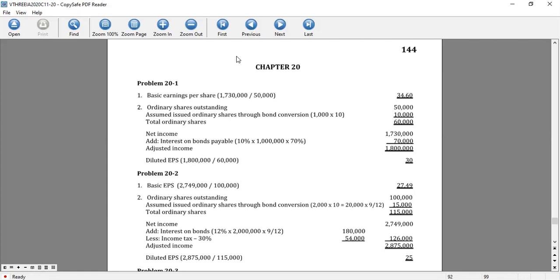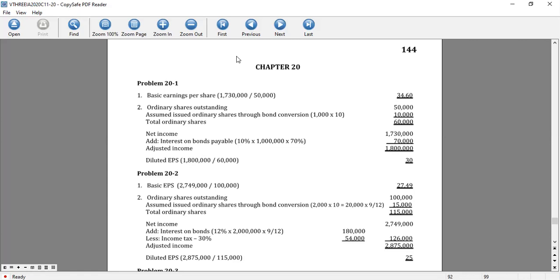Now, dilution arises when the inclusion of the potential ordinary shares decreases the basic earnings per share or increases the basic loss per share. In this case, the potential ordinary shares are dilutive securities.